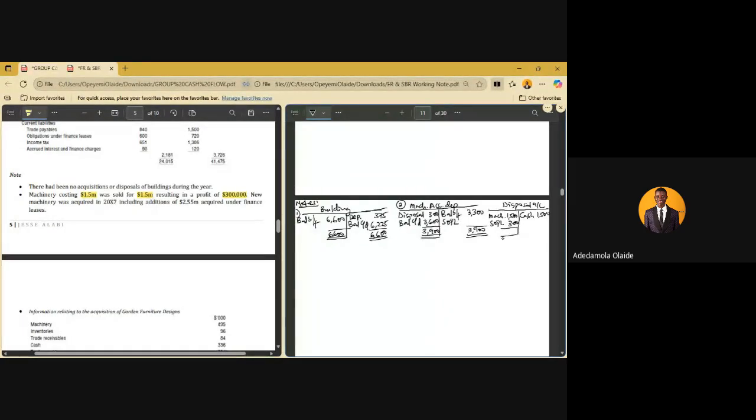That will make this account 1,800. The only thing that would have made this account not balance is the accumulated depreciation on that machinery they are disposing, which will also be 300. Is it clear now?